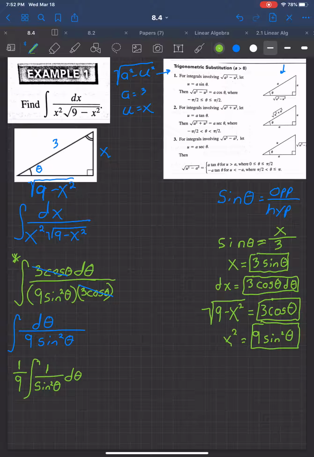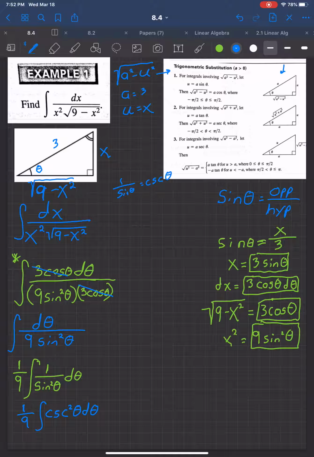Let's rewrite 1 over sine squared. 1 over sine theta is cosecant theta, so 1 over sine squared is cosecant squared. Ready? So I have 1/9 cosecant squared theta with respect to theta.